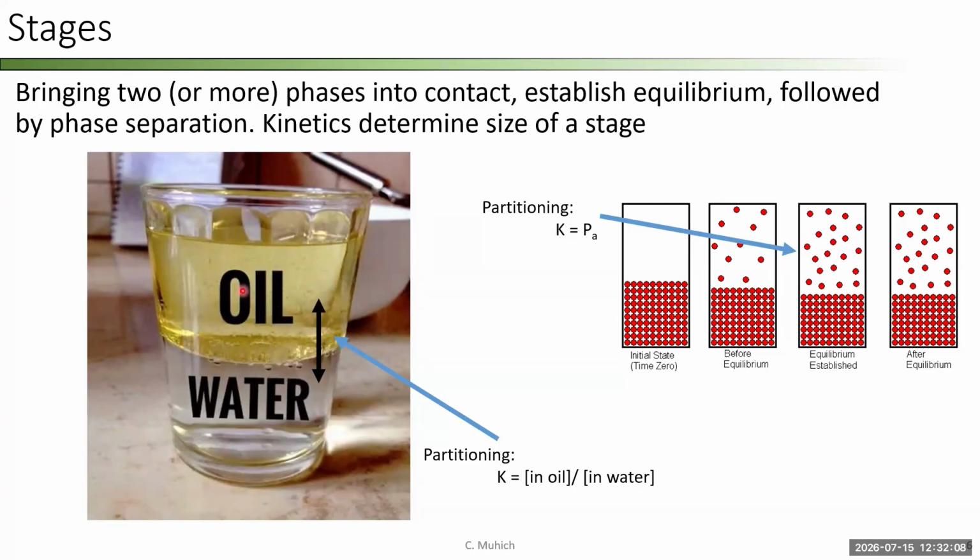And then we draw off one of those phases versus the other, right? So the equilibrium will dictate the effectiveness of the stage, right? So how much separation you get, while kinetics will determine how large of a piece of equipment that you need in order to reach equilibrium. Okay.